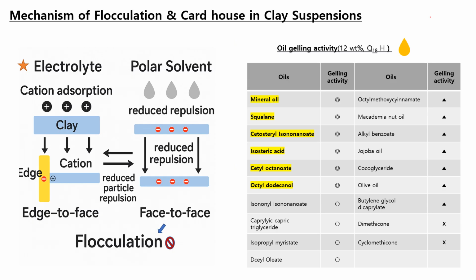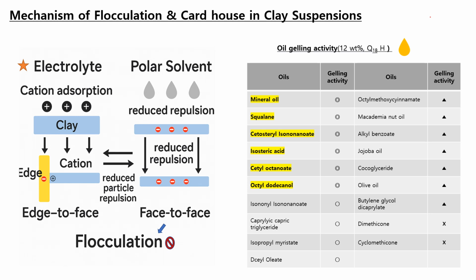This slide shows hectorite forms a stable water-in-oil emulsion by hydrogen bonding between clay plates and water molecules. Using an oil activator and water creates a card house structure that traps oil droplets, leading to a stable suspension. These tables compare the oil gelling efficiencies across different oils, showing variation in gel formation depending on the oil type.